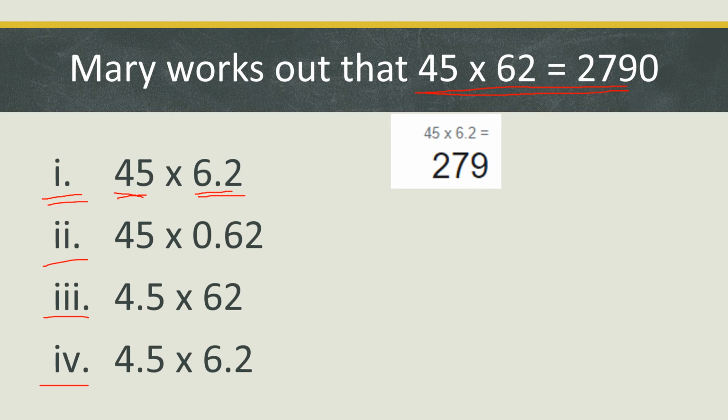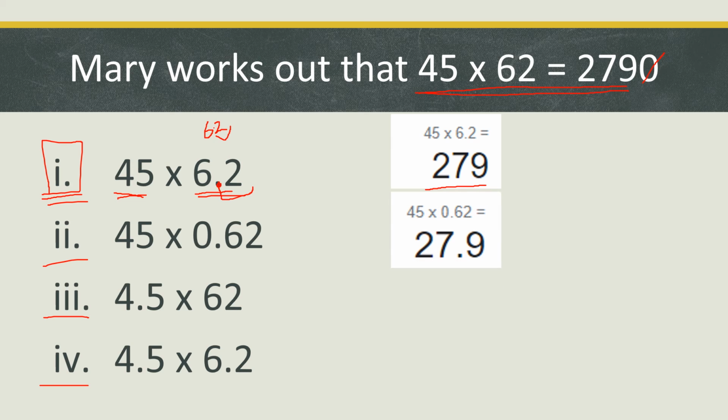It is 279. Why is that so? Because they've just divided it by 10. See, it was 62 here, but then they divided it by 10. So we're going to divide our answer also by 10. So we remove the 0 to give us the answer for question number 1. Let's move on to question 2.